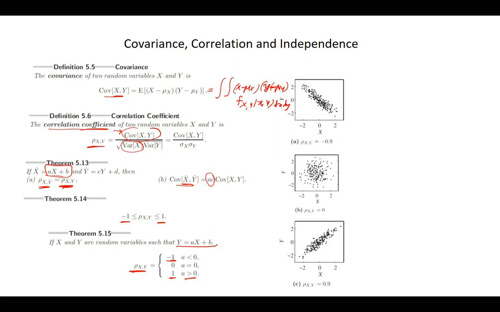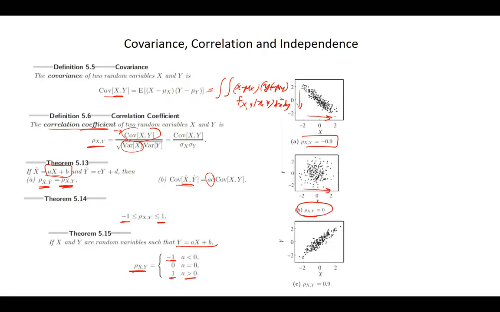Here we see how x and y are distributed for different correlation coefficient values. When it is -0.9, we see that when x increases, y decreases. Okay? When the correlation coefficient is 0, we see that there is no relationship between x and y.